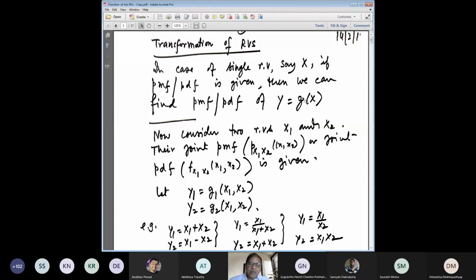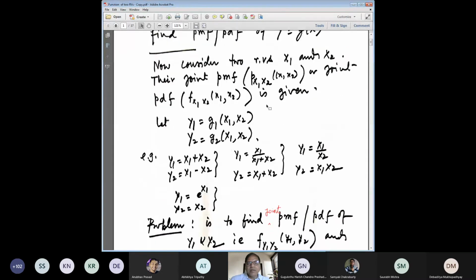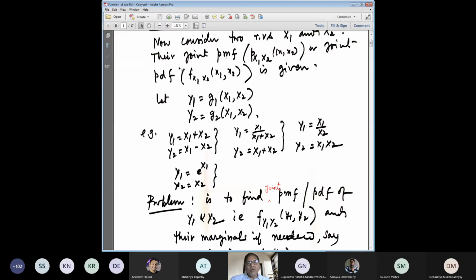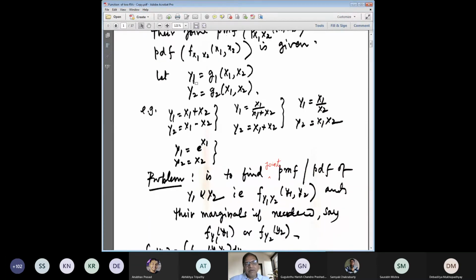Now consider two random variables, x1 and x2. Their joint PMF or PDF is given. Once the PDF or PMF is given, we can define functions, say y1 equal to g1(x1, x2), one function, y2 equal to g2(x1, x2), another function, y3 another function.